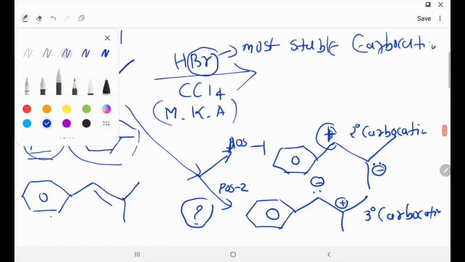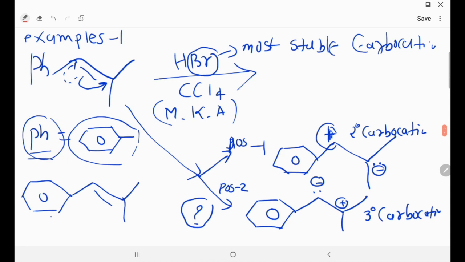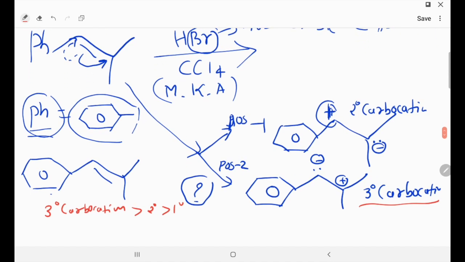What mistake is your student community making here? They consider that, sir, as you tell, a 3 degree carbocation is the most stable, then 2 degree, then 1 degree. So most of the students form the bond with this particular carbon and they give the answer something like this. Answer by the students' side. Most of the students give the answer: here there will be bromine.